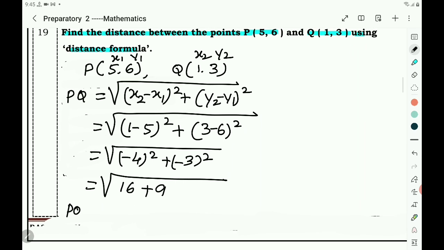Then PQ equals 16 plus 9, which equals 25. Root 25 is 5.